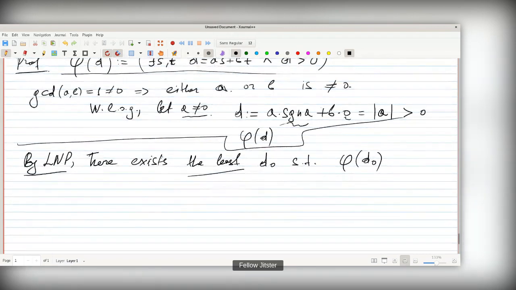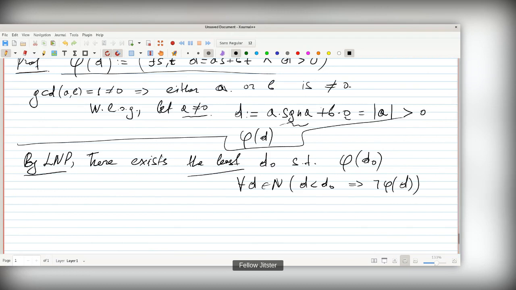So no smaller number satisfies it: for every natural number less than d0, our phi doesn't hold.